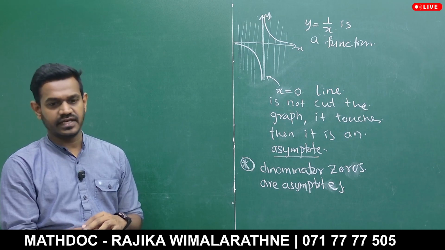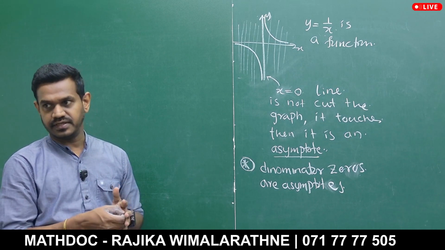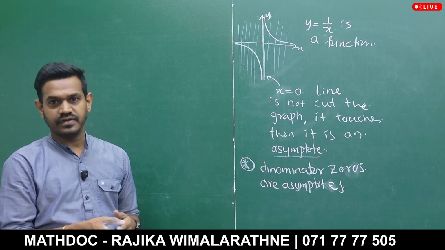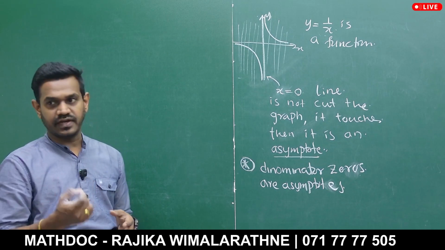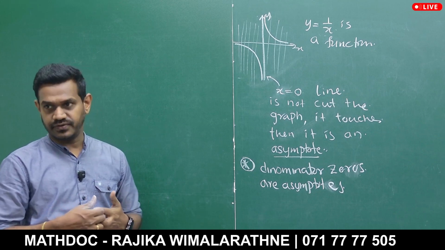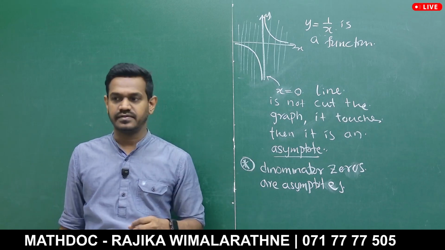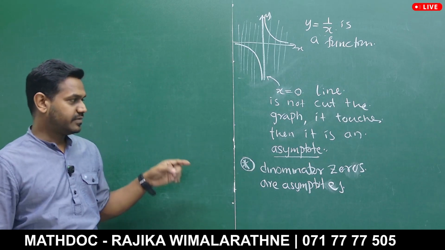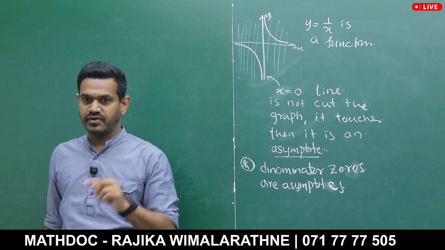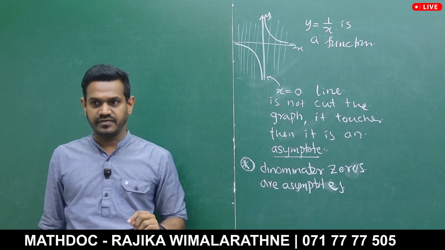You just identify, that's enough. Later we will discuss how asymptotes happen and how we analyze them. With your knowledge, you can't analyze for now because we have to think about something like limits. But for now, you just identify how we identify whether it is a function or not.